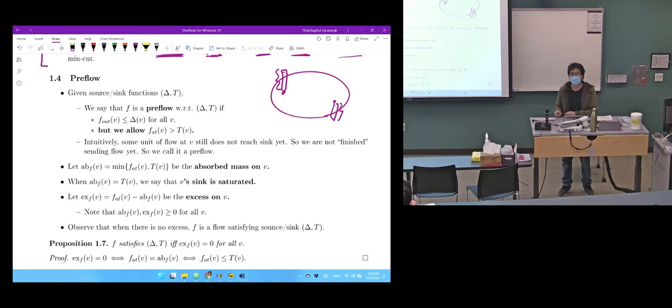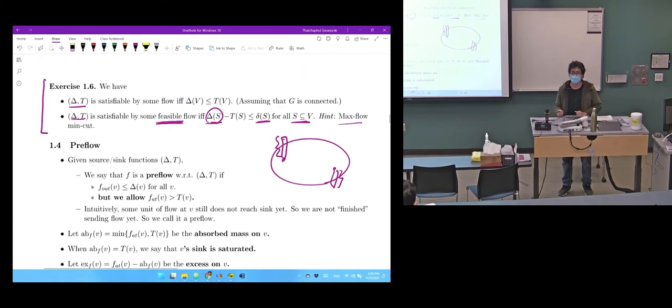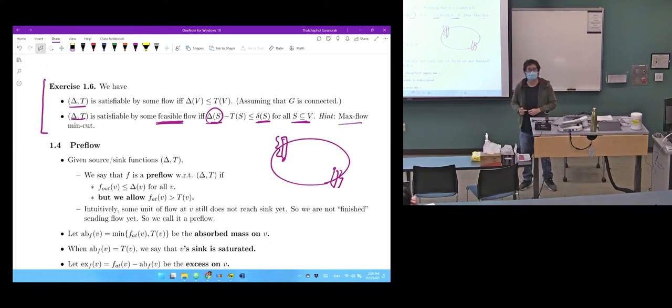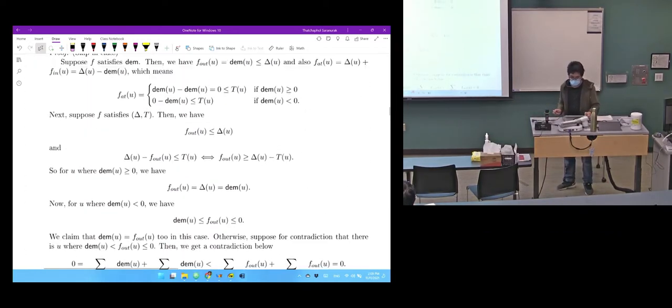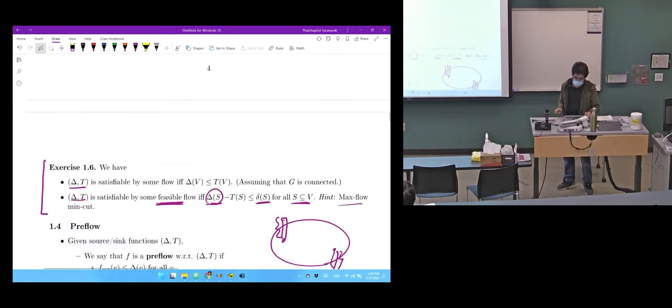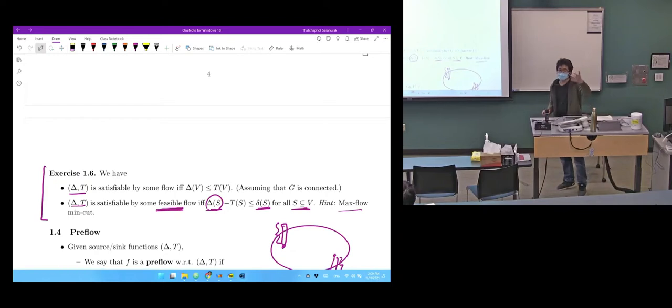In the first statement, delta of v is less than or equal to T of v. There we are not satisfying some of the sink, right? Yeah, but here we don't need to saturate the sink.